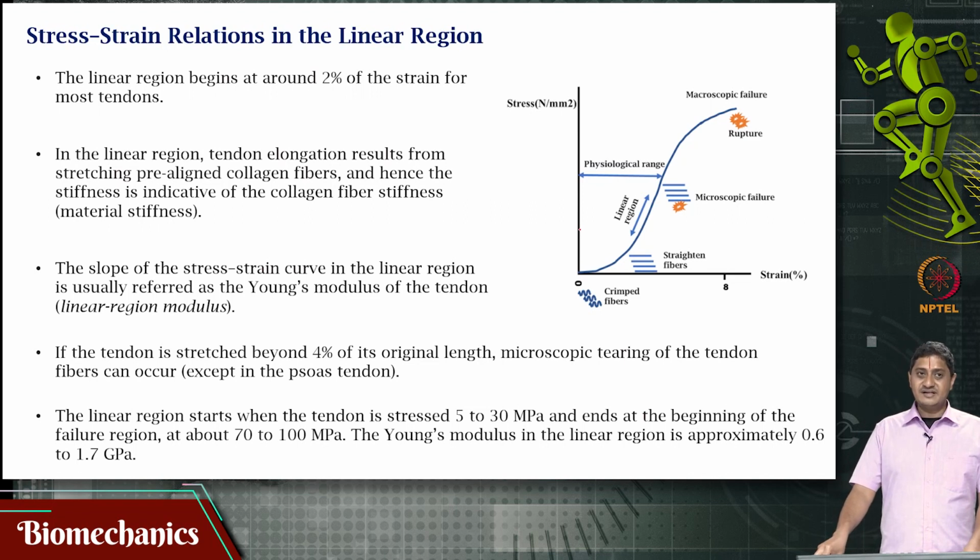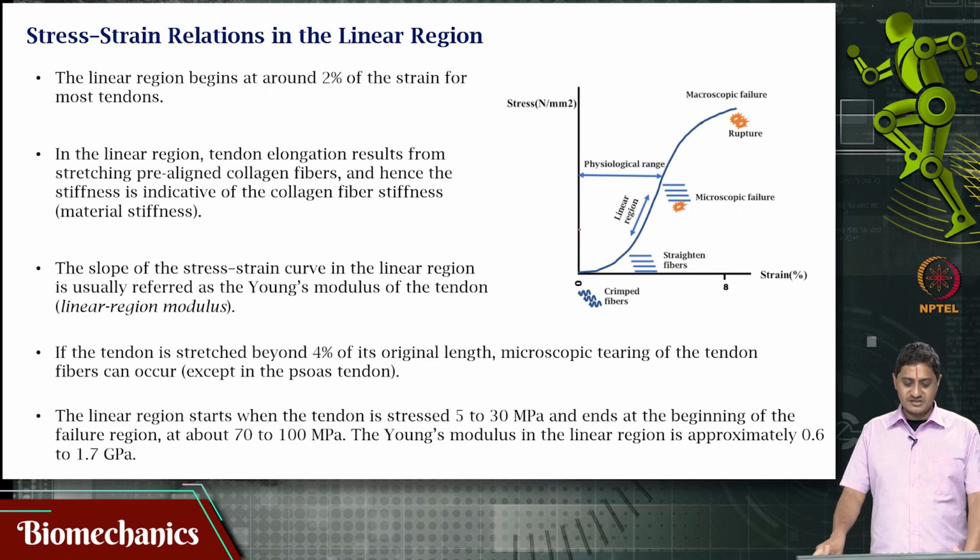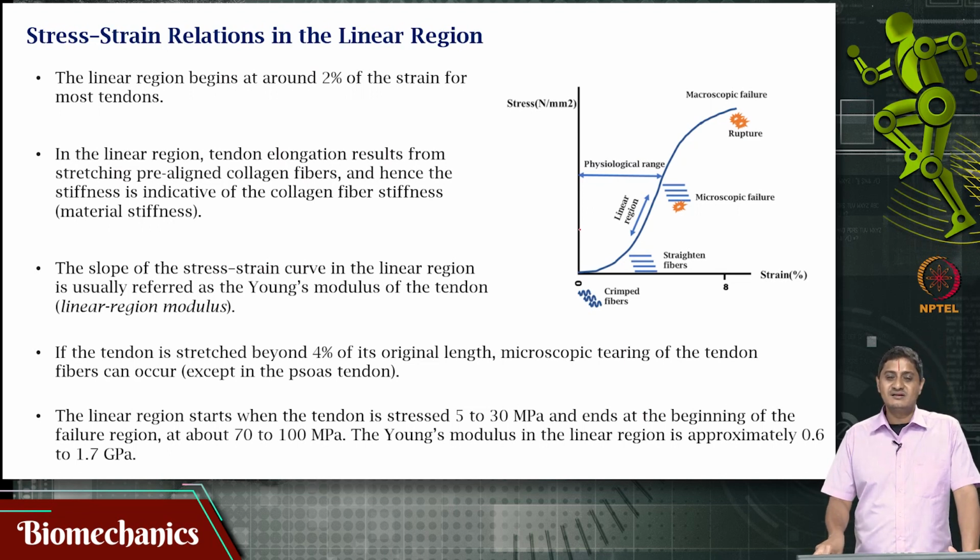In the linear region, tendon elongation results purely due to pre-aligned collagen fibers stretching. So, the collagen fibers are getting stretched, and because of that stiffness increases. So, this is mostly due to collagen fiber material stiffness. This is due to material stiffness of the collagen fibers.